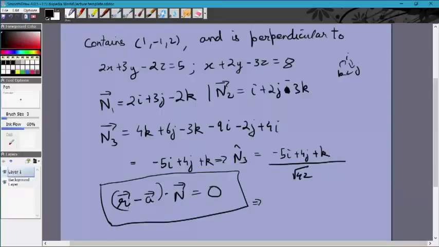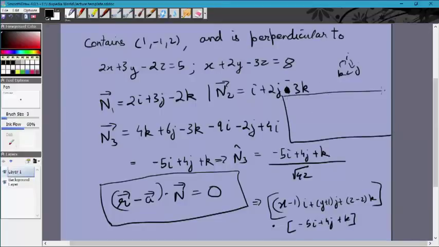So what will this come out to be? r is xi + yj + zk, and this point is (1, -1, 2). So (x - 1)i + (y + 1)j + (z - 2)k, dot product with -5i + 4j + k, is equal to 0.